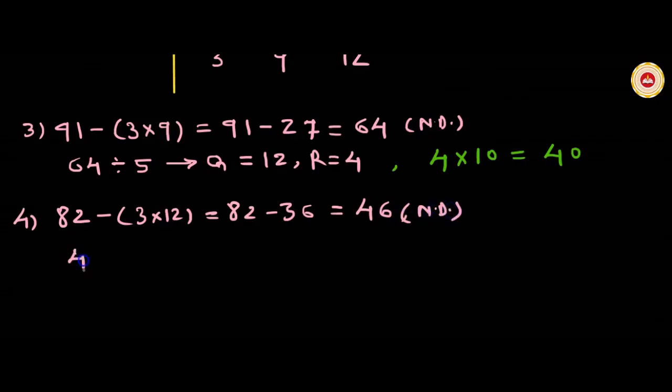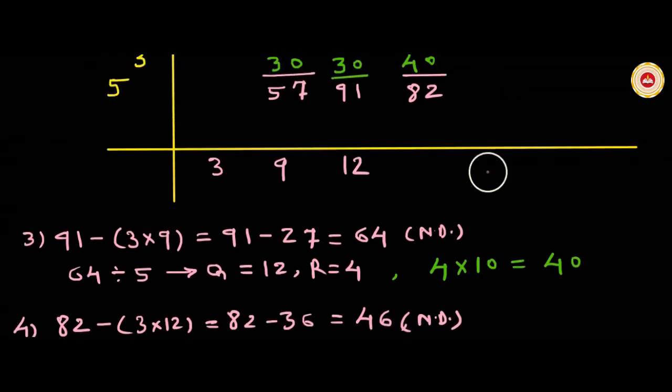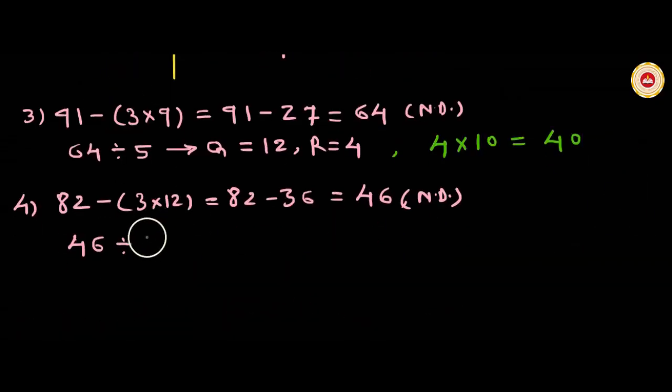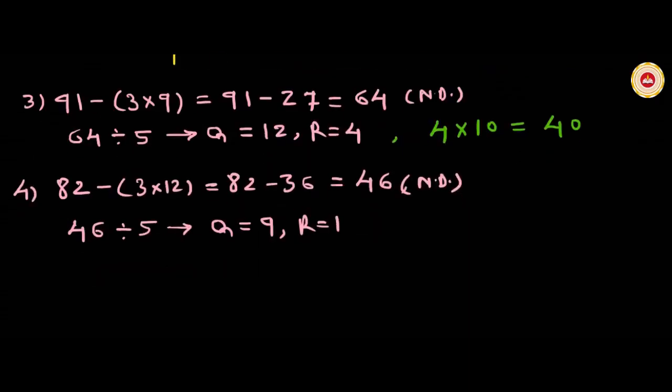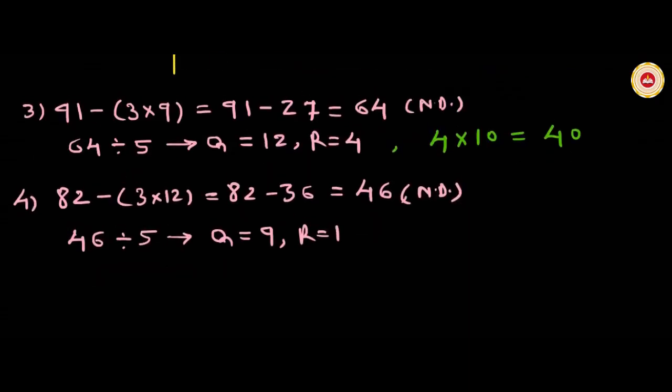Let us divide 46 net dividend by actual divisor 5, which gives us quotient. How much? 5 nines are 45 and remainder is 1. Write quotient 9 below gross dividend 82 and how to write remainder?